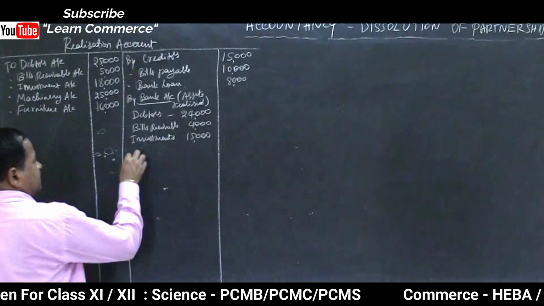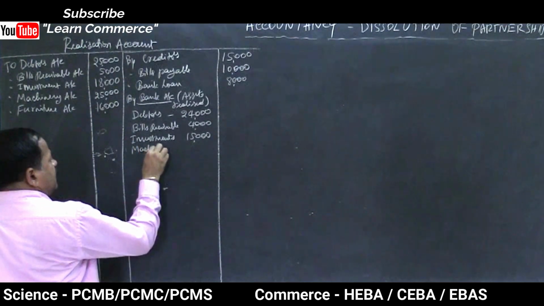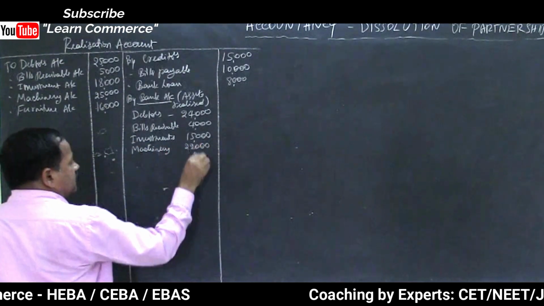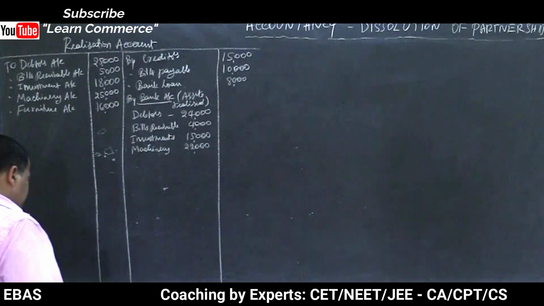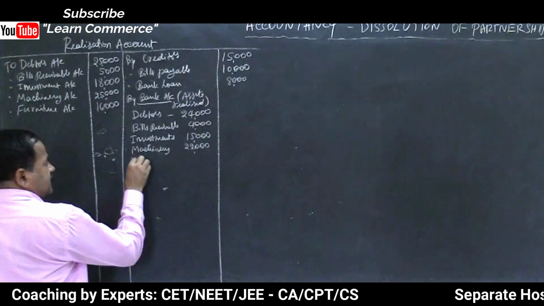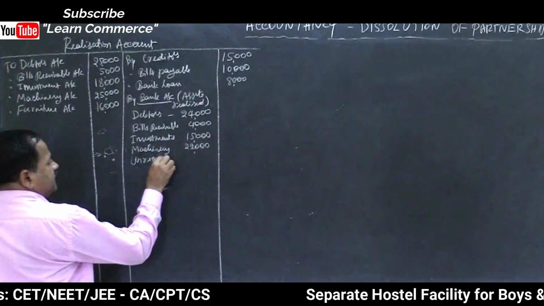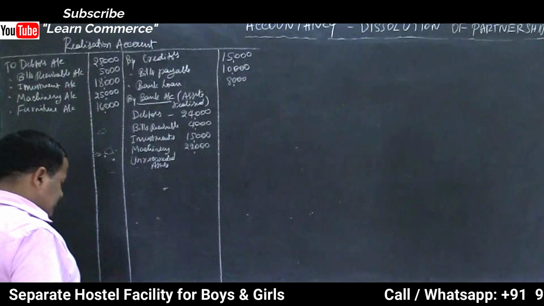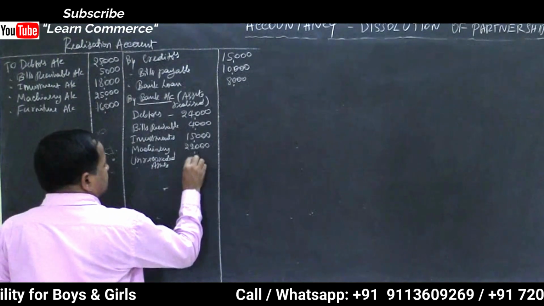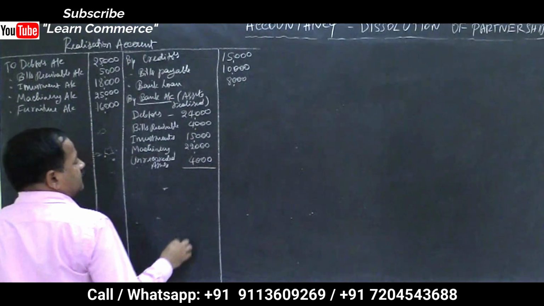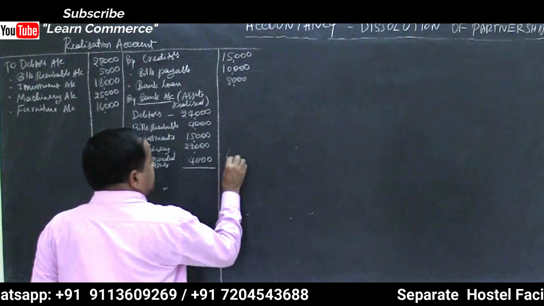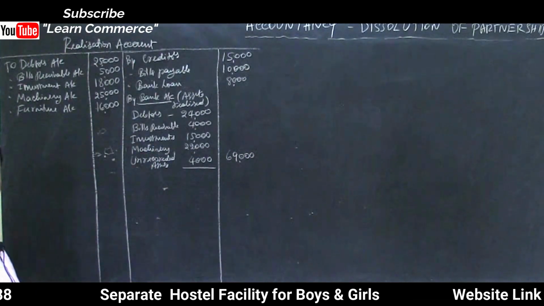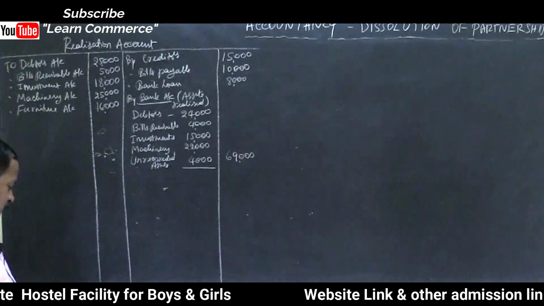Machinery 22,000. Then what? Unrecorded assets, right? There is an unrecorded asset right here only. How much was it? 4,000. 69,000 is the total. Is that correct?